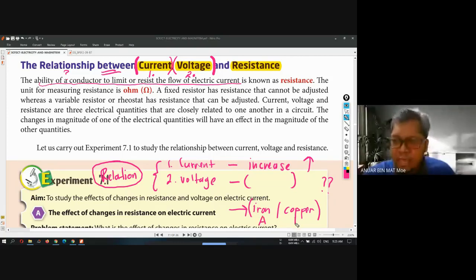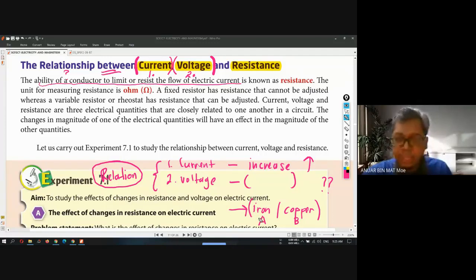Iron and copper are metals. One of the characteristics of metal is it can conduct electricity. Yes, very good. But between iron and copper, the flow of electric current is not the same.